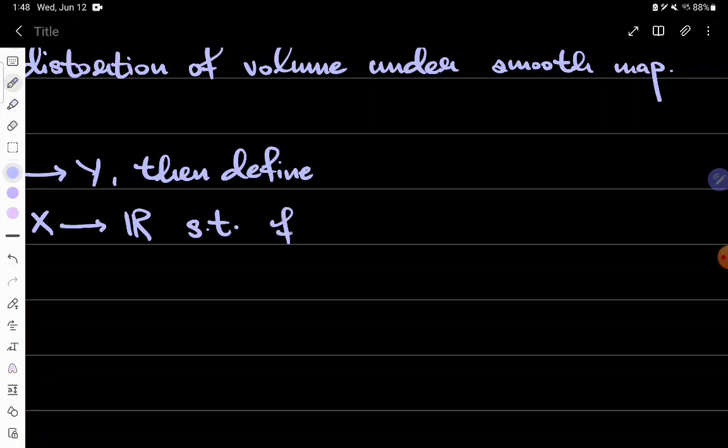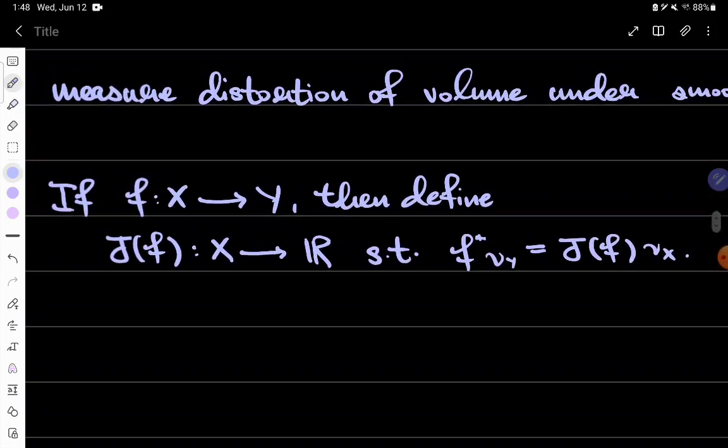We define this with the unique property that the pullback of the volume form on Y via f is J of f times the volume form on X. So it's measuring the extent to which this volume gets rescaled.